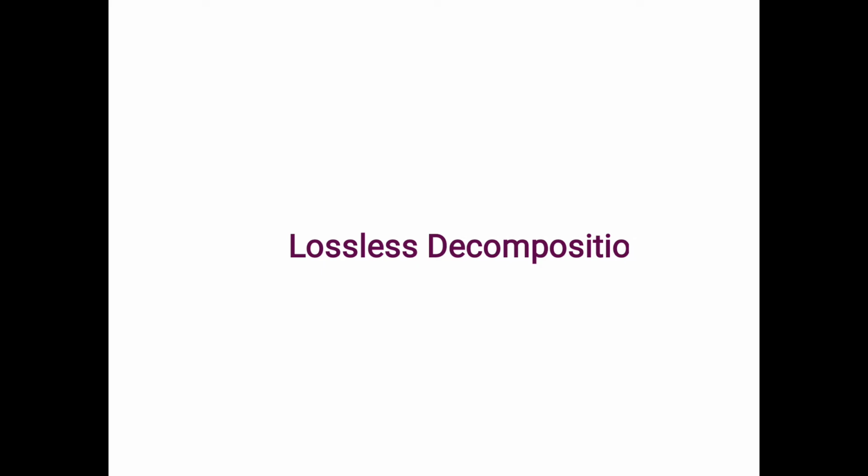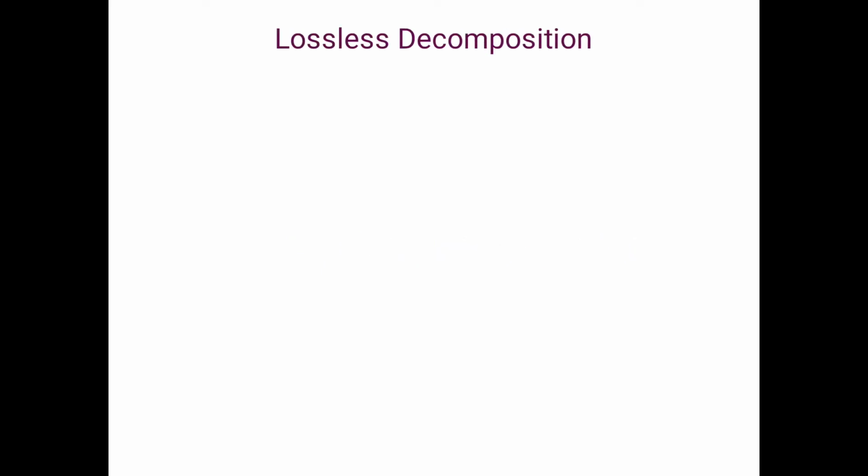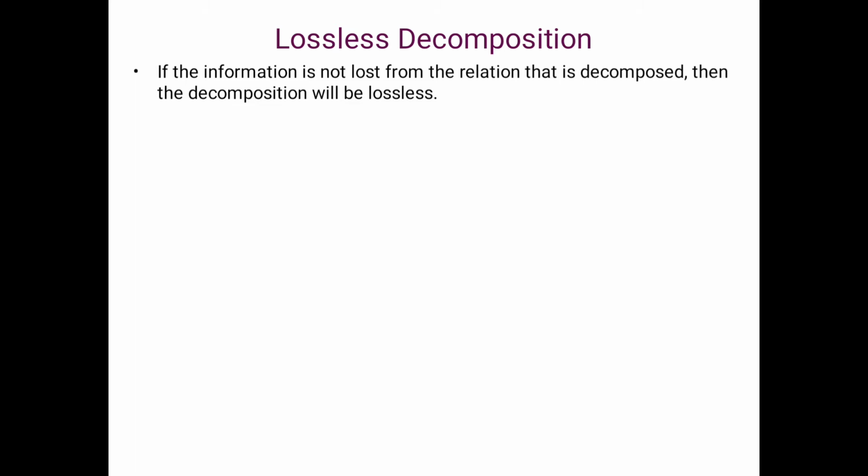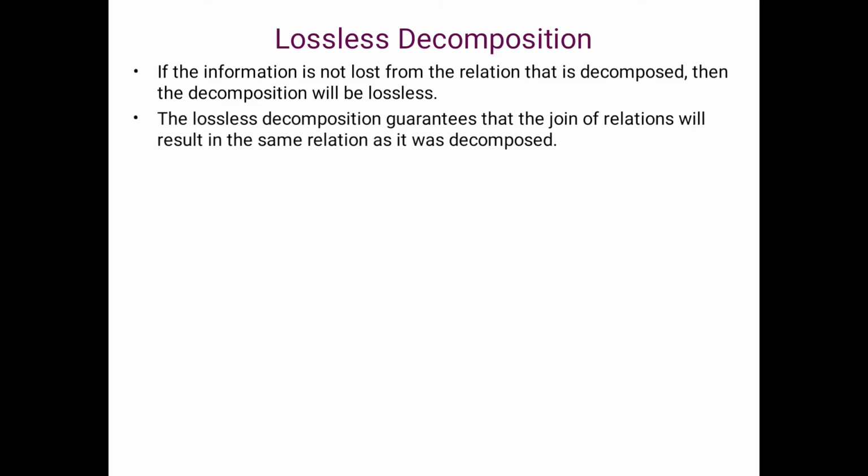Now we will see how we check the lossless decomposition and how we check the dependency preserving. First, what is the meaning of lossless? Here no loss is there, that is called lossless. If the information is not lost from the relation that is decomposed, then we say that it is lossless.